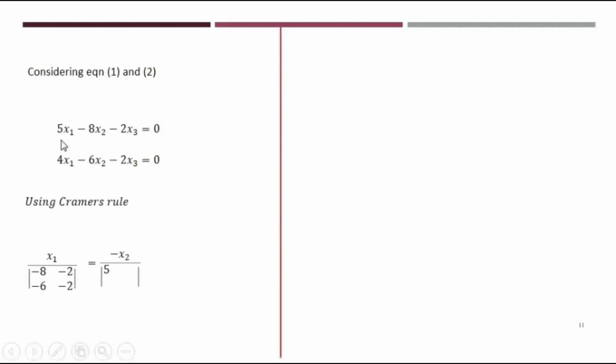Again, to get x1, leave out the x1 variable and write down the coefficients of the remaining two variables. Similarly, minus x2 upon, leave out the x2 variable, take the x1, x3 coefficients, and similarly for x3. Simplifying the determinant.